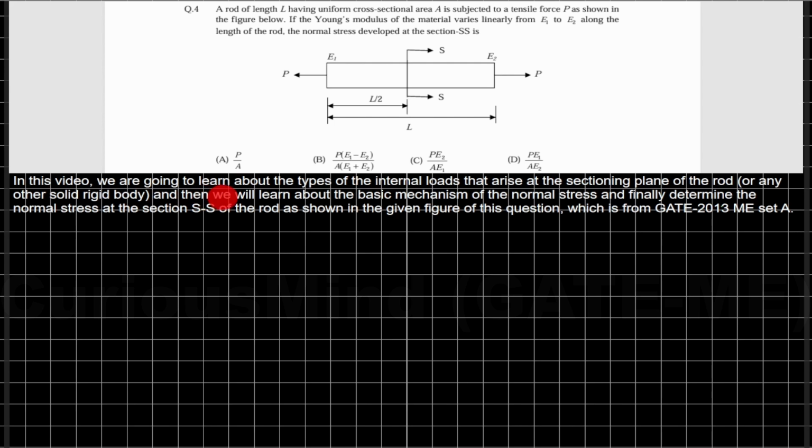And then we will learn about the basic mechanism of the normal stress and finally determine the normal stress at the section SS of the rod as shown in the given figure of this question, which is from GATE 2013 ME Set A.